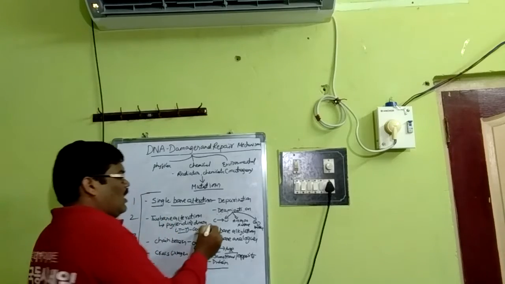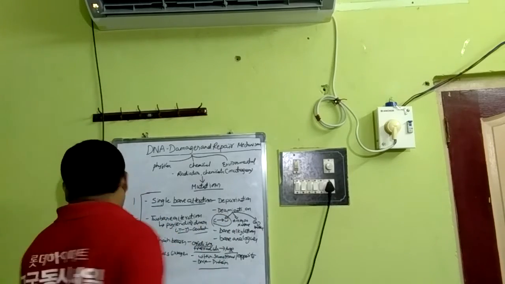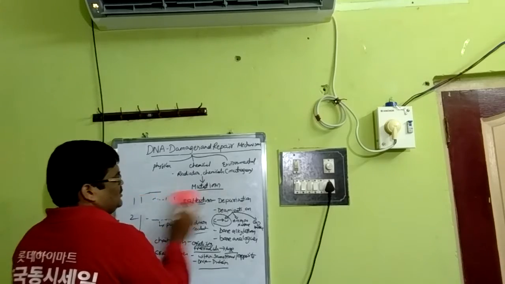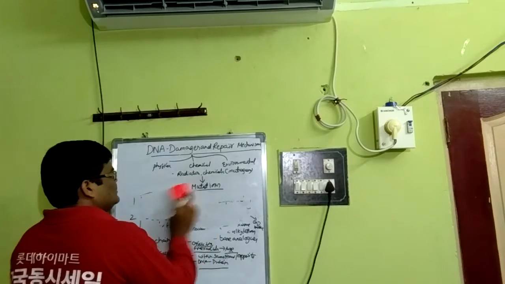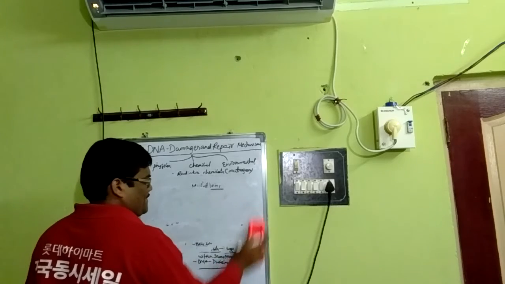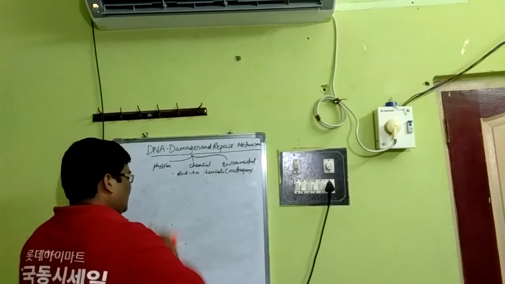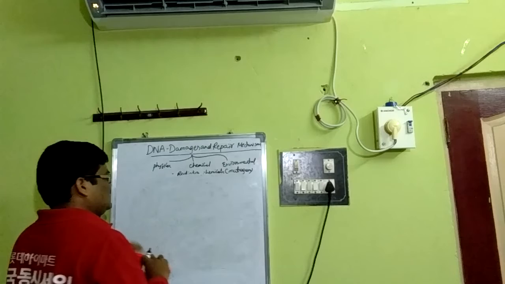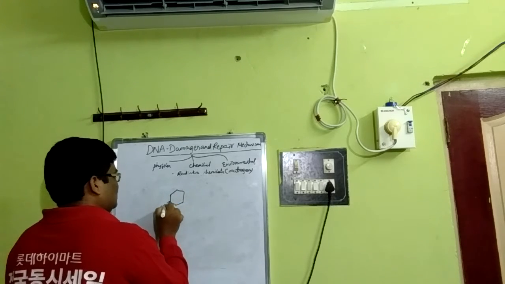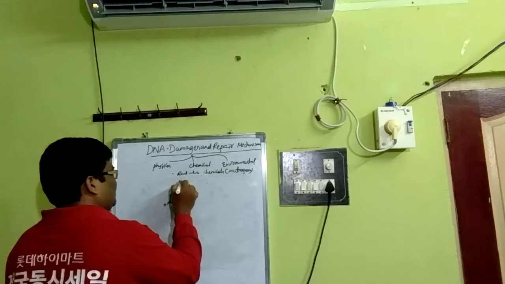So look at this point. How does a cytosine become uracil? I told you already, simply because of deamination. We all know that cytosine is 2-oxy 4-aminopyrimidine.